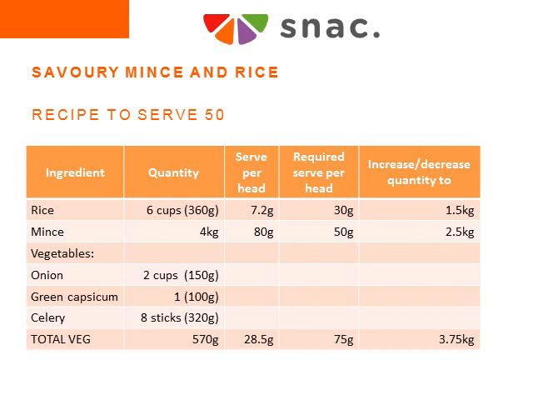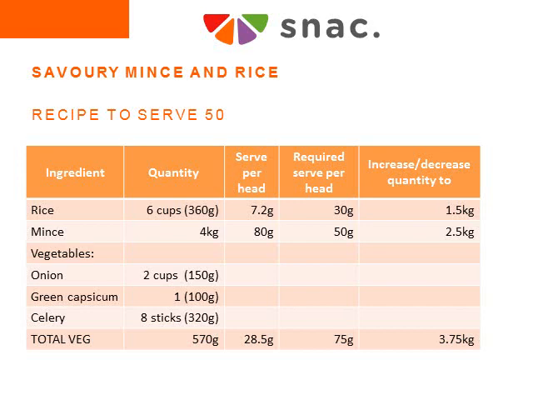So now on this slide, let's have a look at what the serve size should be per food group. So for rice, the actual required serve per head should be around 30 grams. So we really need to increase that 360 grams to 1.5 kilos. For the mince, 4 kilograms, which equated to 80 grams per serve, a child serve of meat is actually only 50 grams.